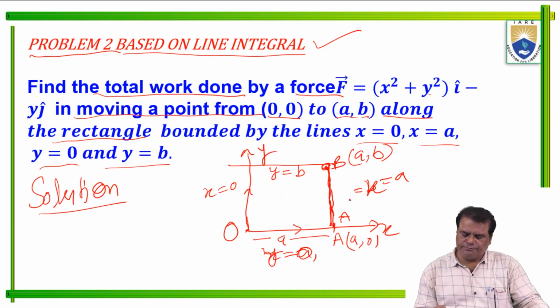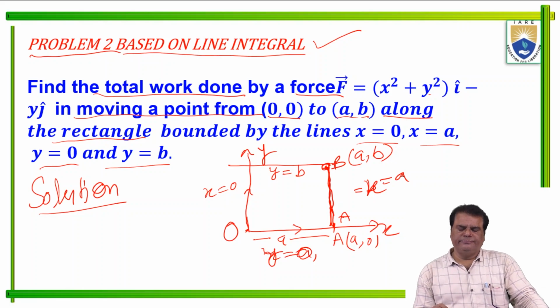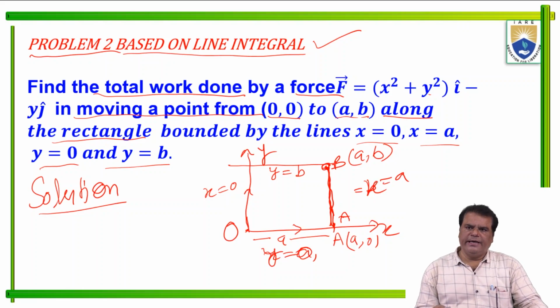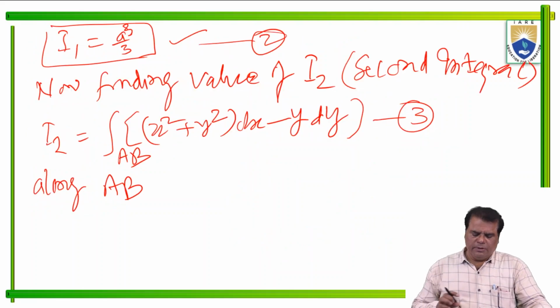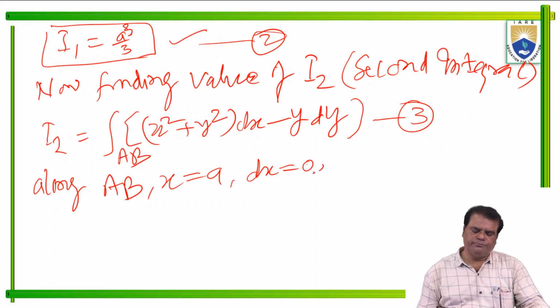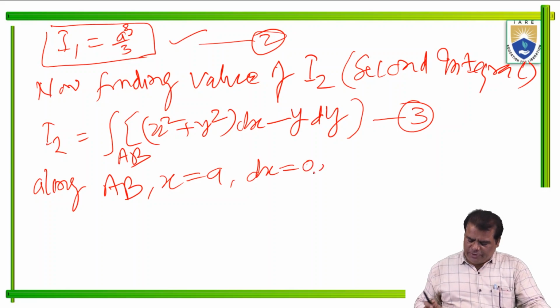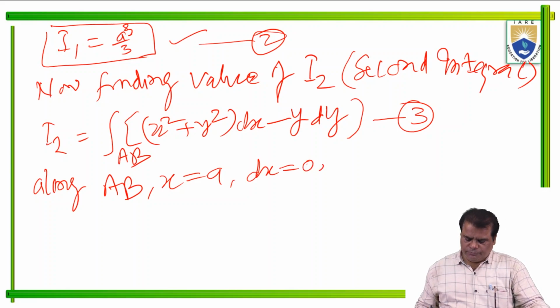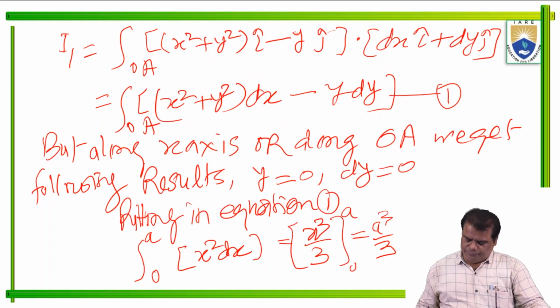Along AB is x equal to a, the equation of this line. x equal to a means dx equal to 0, and the limit is from a to b.